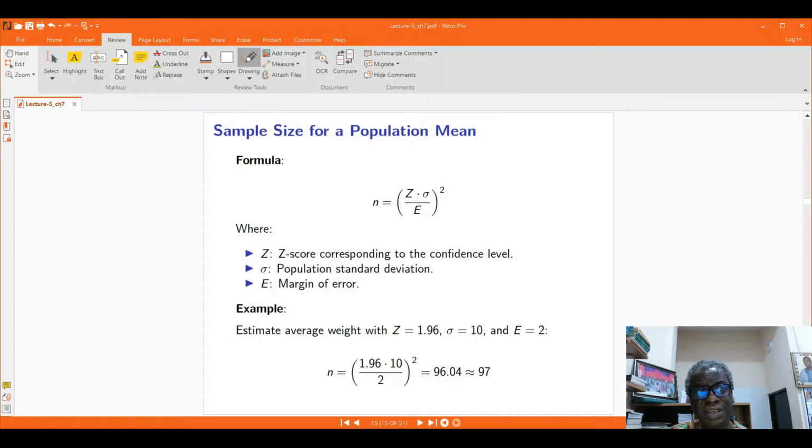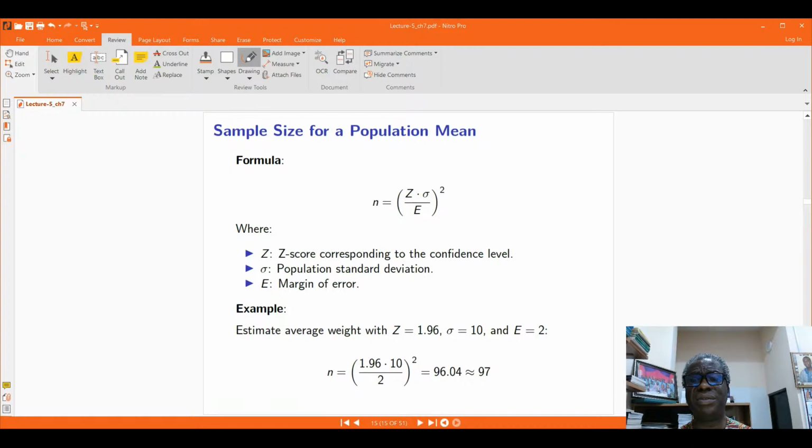And for 99% confidence level, the Z score is 2.576. You can also read those values directly from the standard normal table, the statistical table.